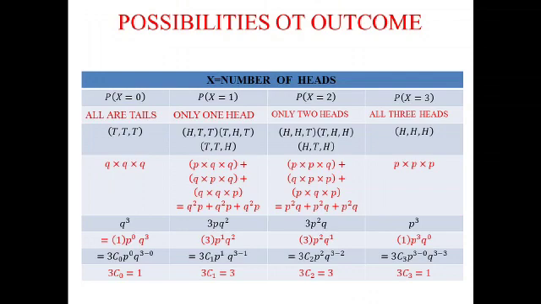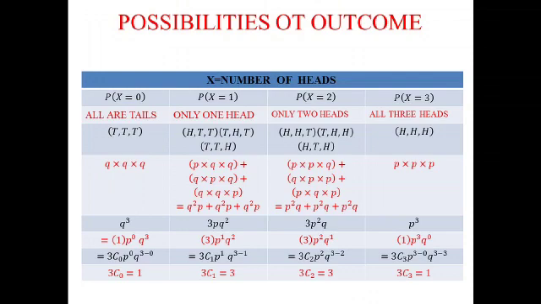It indicates only 2 heads were got in all the 3 flips of the coin. So the sample points are HHT, THH and HTH. The probability of getting a head in the first flip is P, a head in the second flip is P, and a tail in the third flip of the coin is Q for the first sample point.